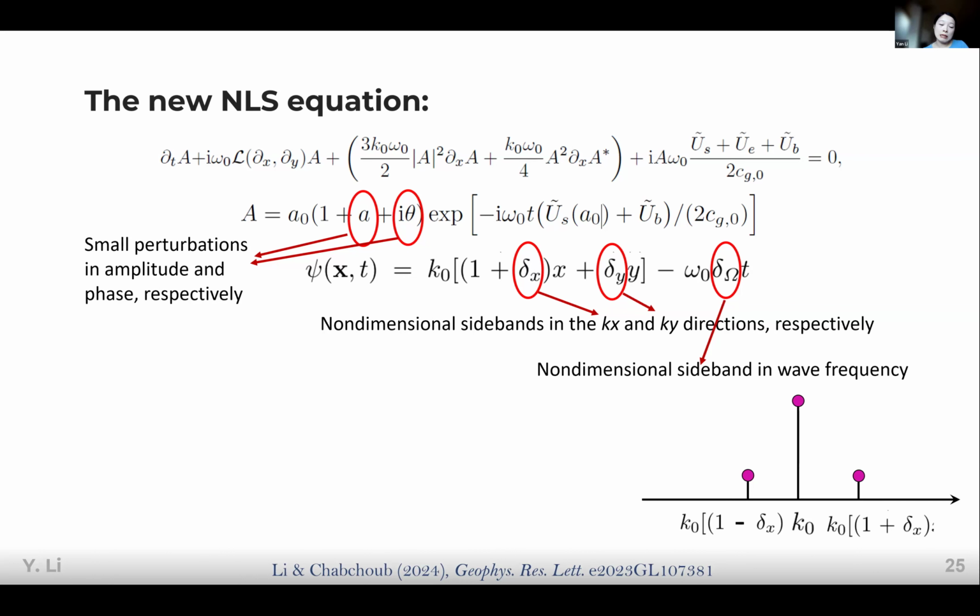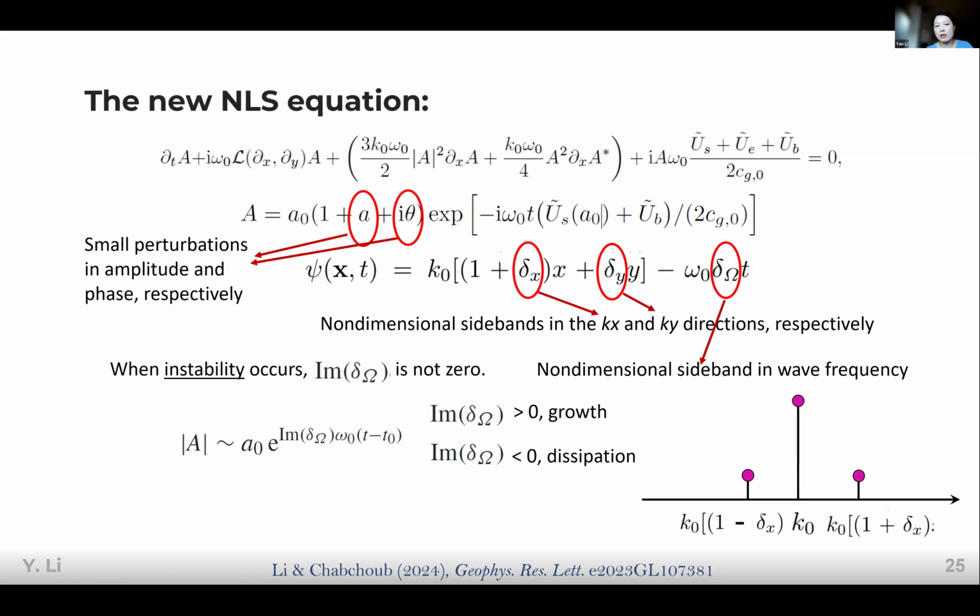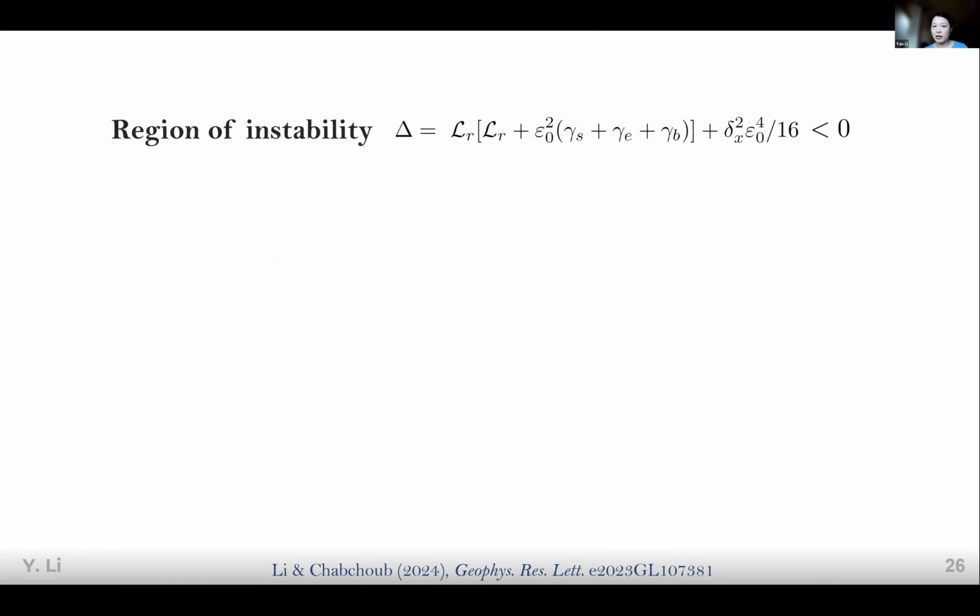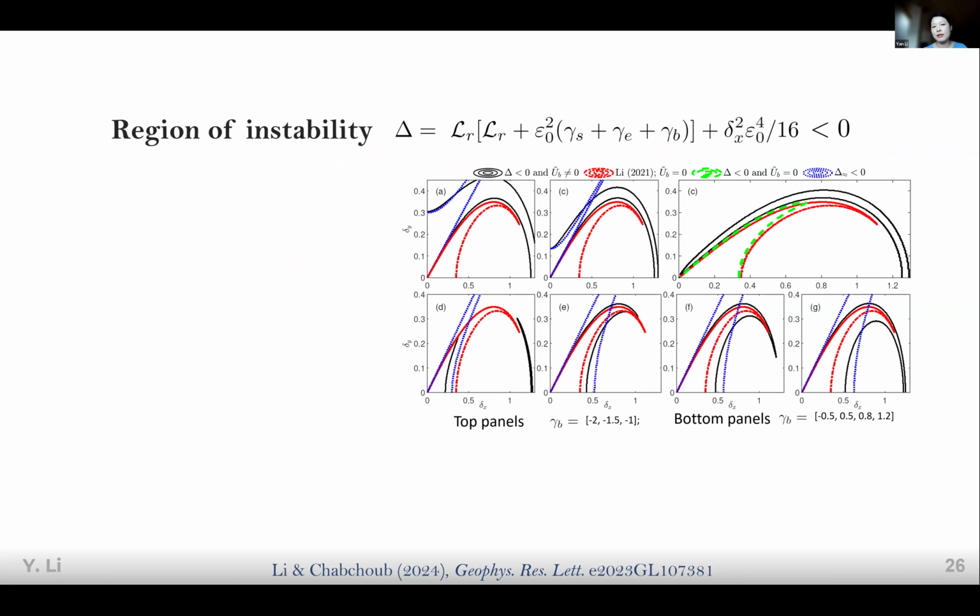So using the linear stability analysis allows us to find under what conditions instability occurs. Basically, when we have an imaginary sideband in wave frequency, then we can determine whether or not wave amplitude would grow or dissipate. So focusing on the case where the waves would grow, we can identify a region of instability.